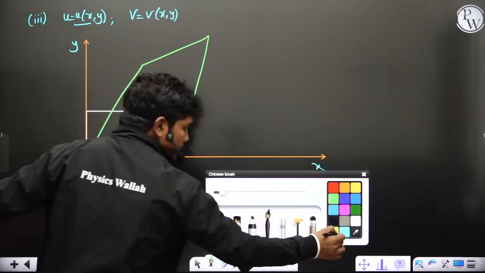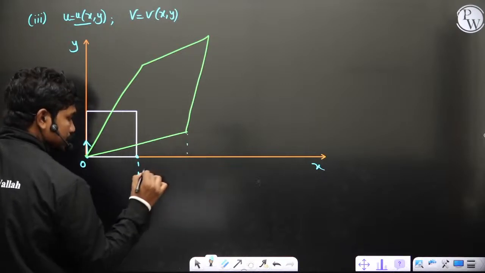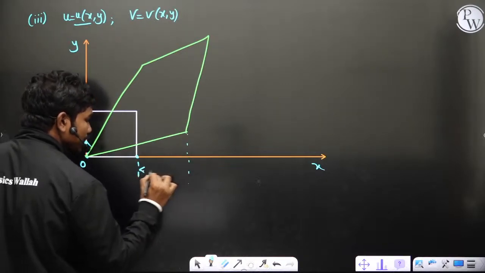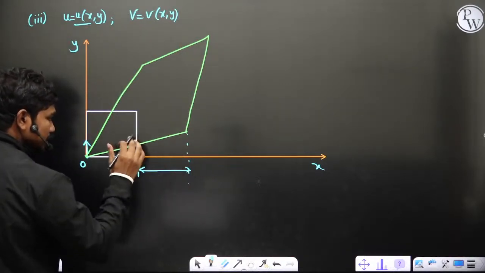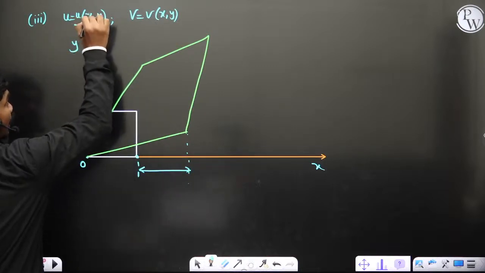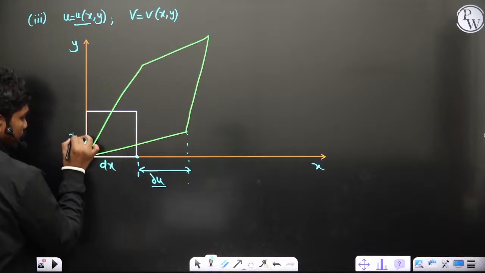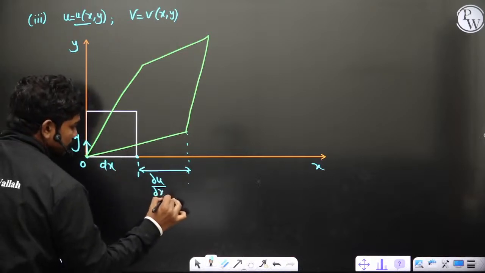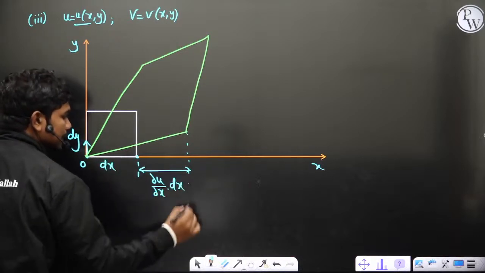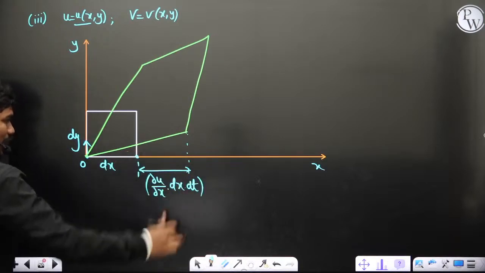Now try to understand one thing. This elongation you have seen, what is this elongation? Just now we have calculated. This stretching is due to the dependence of u on x, correct? And if this is dx and this is dy, then this length is ∂u/∂x into dx into dt. Okay, so this is the stretch elongation.